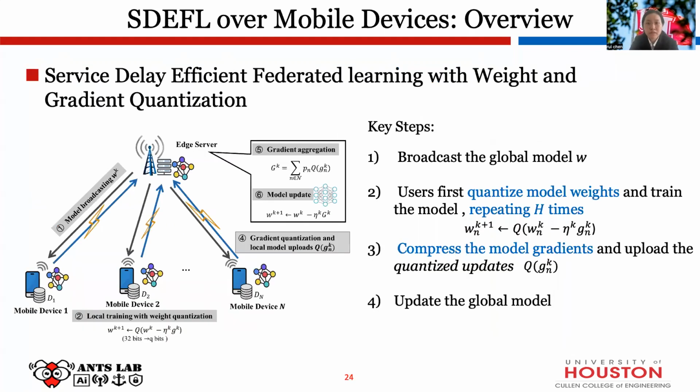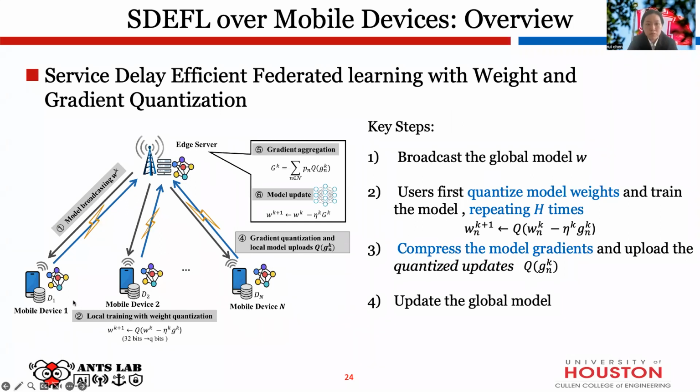Based on these empirical observations, we proposed a service-delay-efficient federated learning scheme with weight and gradient quantizations. The key steps are as follows. The federated learning server first broadcasts the global model to the mobile devices, and the user first quantizes the weight into a smaller size, and then does the on-device training for H iterations.